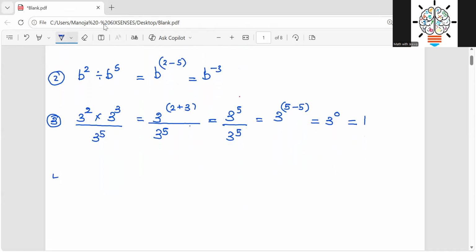Question number 4. Now you just see, children, how I have shown the steps. Now you might think, do we really need to show the steps like this? I would say yes, you want to show them. Sometimes I know that you are lazy to do all the steps and you think you can skip the step and still you get the correct answer, so why can't you get the full marks?